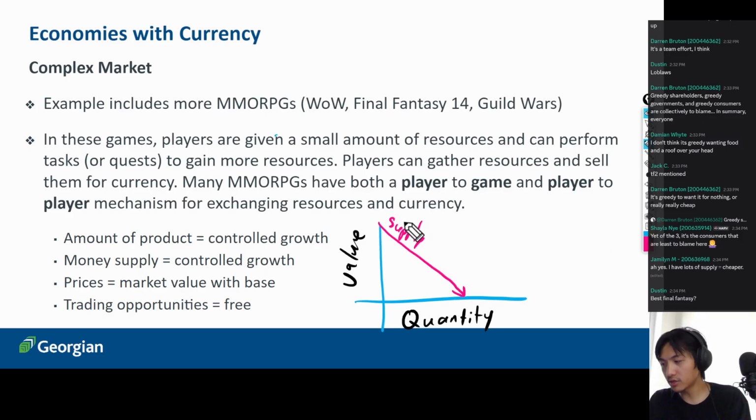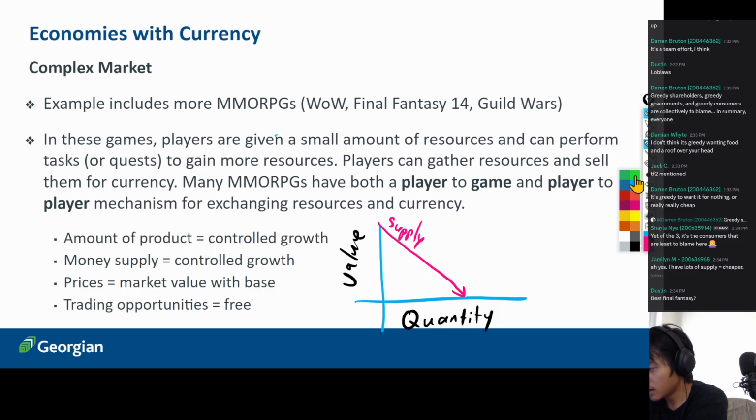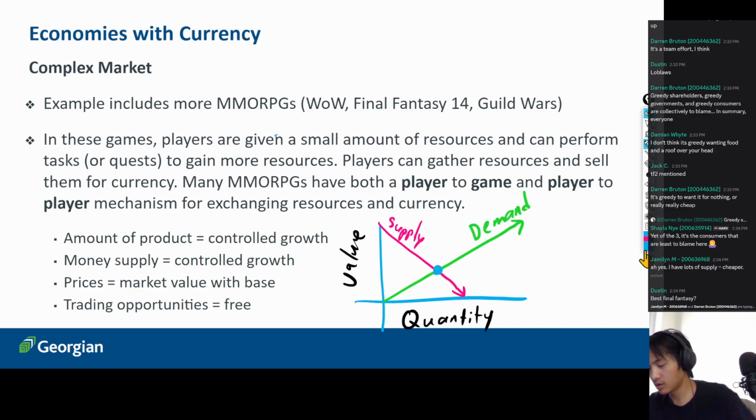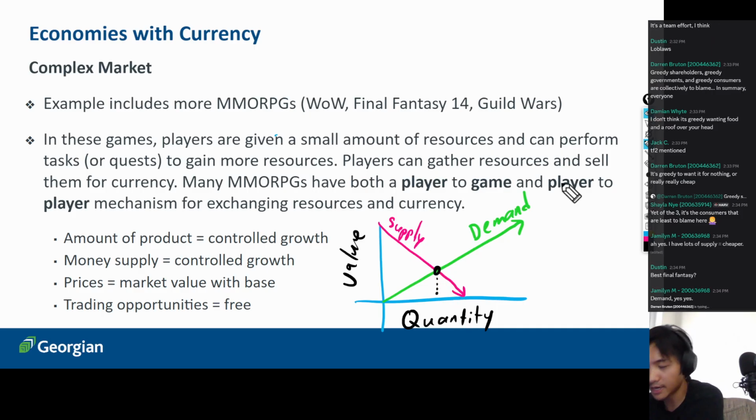But it also depends not only on how much of something you have, it depends as well on how much of something people want, the demand. So there is a point at which supply and demand meet. That is the value of something. That's where you actually find the value of this item. If supply increases but demand does not increase, the value will go down. If supply decreases but demand stays the same, the value will go up.